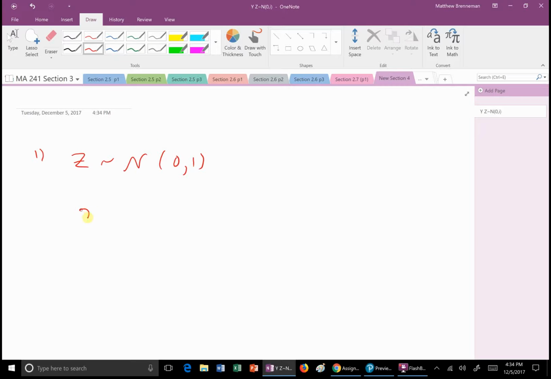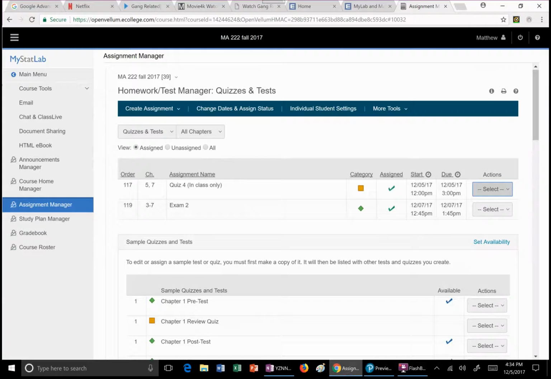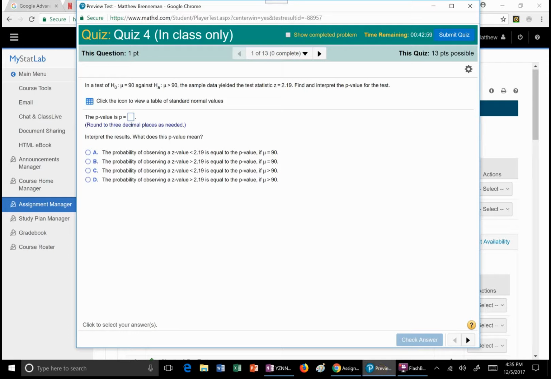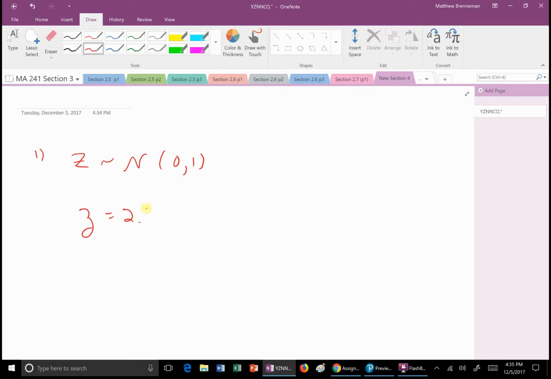Okay, so we have a particular z-score here that has a value of 2.19. So this means that I'm taking the probability in the tail. This is going to be the p-value.